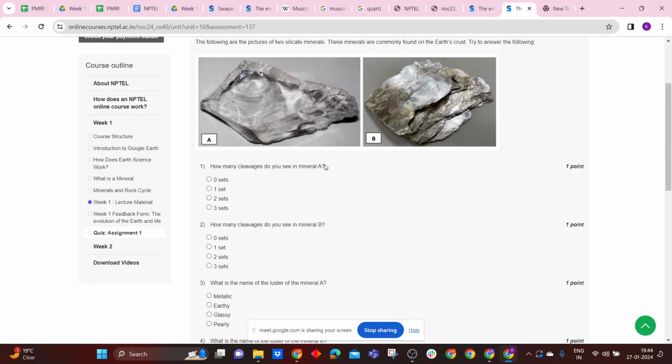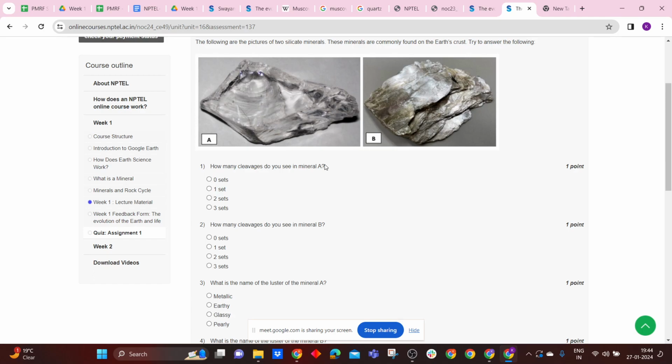Now, from this figure, how can you tell that it's quartz? In order to identify a mineral, you need to identify some distinguishing property that tells what kind of mineral it is, right?